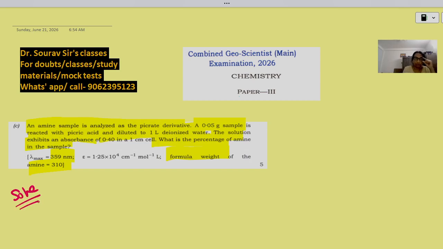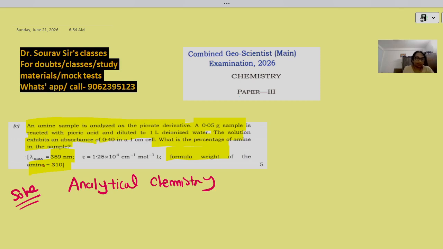So first you will read the question properly, see which values are given and what is being asked. This question is based on an analytical method, so it is an analytical chemistry question, and you can identify the method easily with the help of the given values.